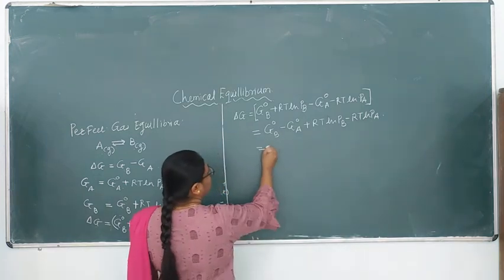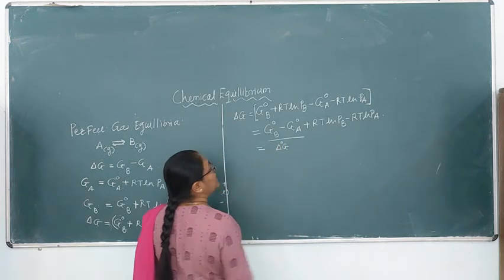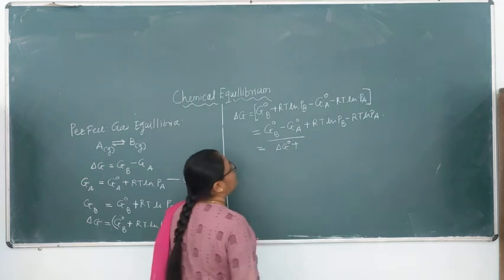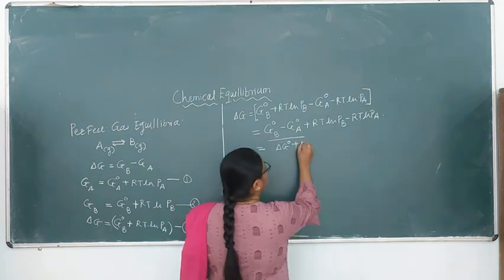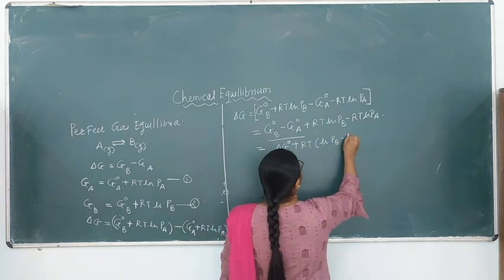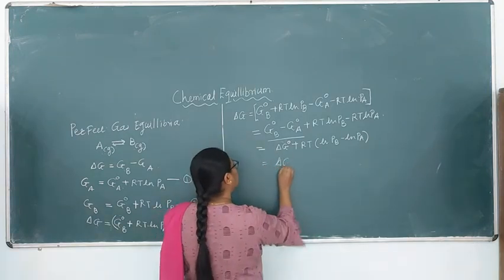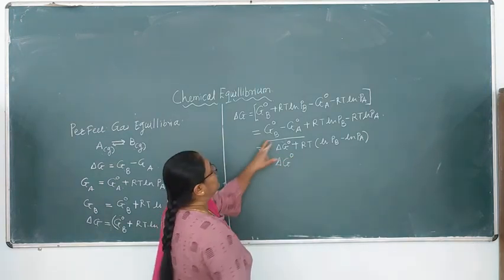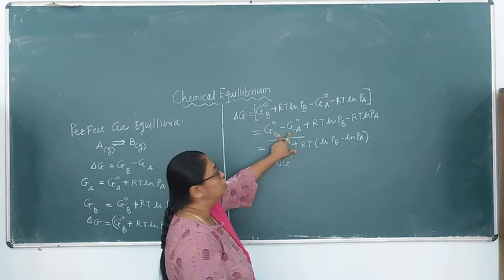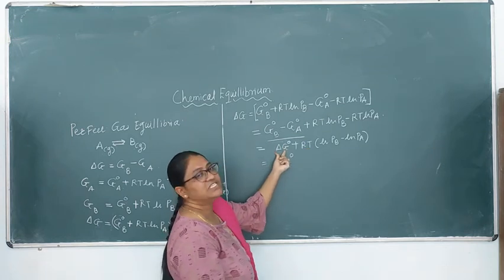Now, this we can write as the standard free energy change of the reaction, delta G0, plus, here we can take RT common, so inside the bracket ln of PB minus ln of PA. So delta G0 is the difference in the standard free energy of product minus that of the reactant.